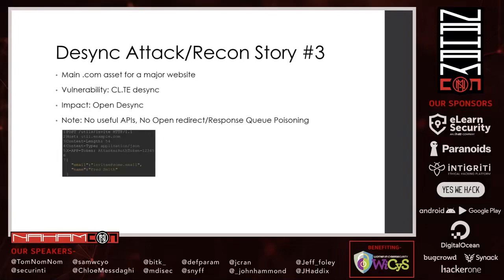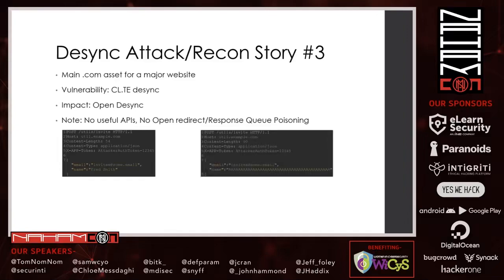It was a post to utils invite with a content type of application JSON, and there are two fields. There's an email field where the invite email gets sent to, and there's a name field where you can place a name in the email to who it's addressed to. And so I started playing with this, and I started testing.